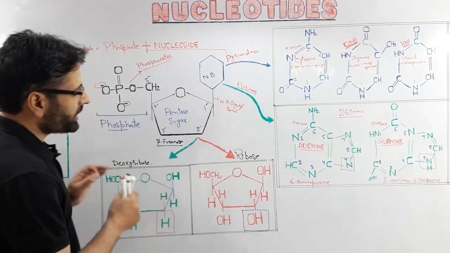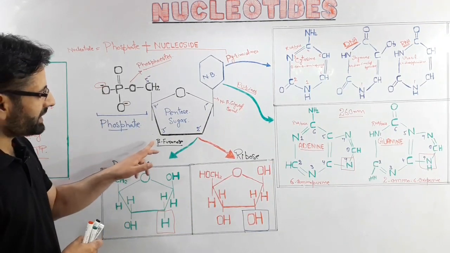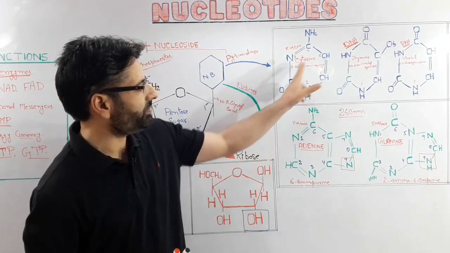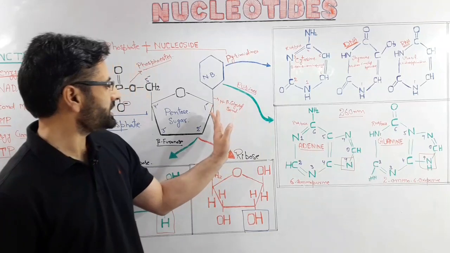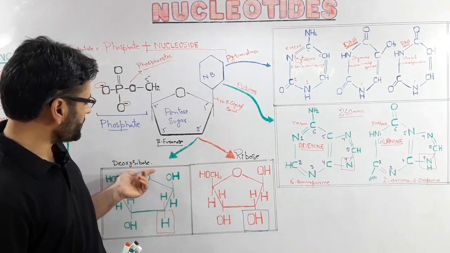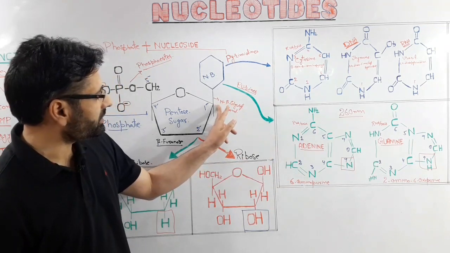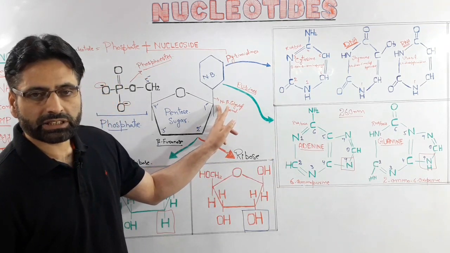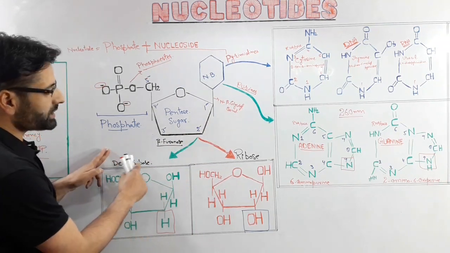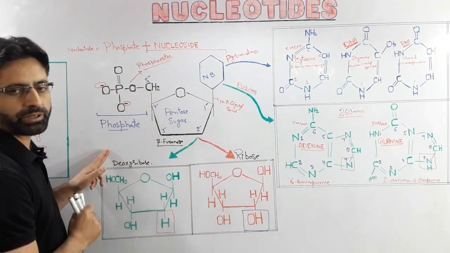Now you can name the nucleotide depending upon whether it is the deoxyribose sugar and which of these bases is attached to the first prime carbon. For example, if it is deoxyribose and we have adenine attached at the first carbon, then we can name it deoxyribose adenosine 5' monophosphate.